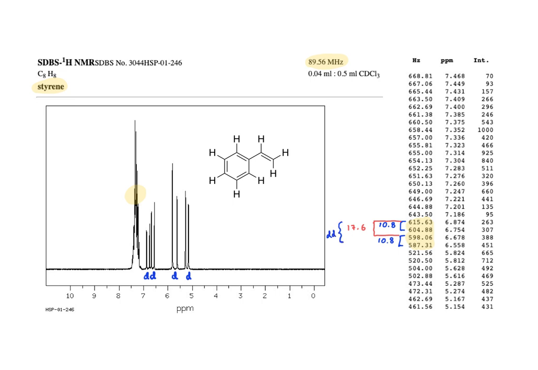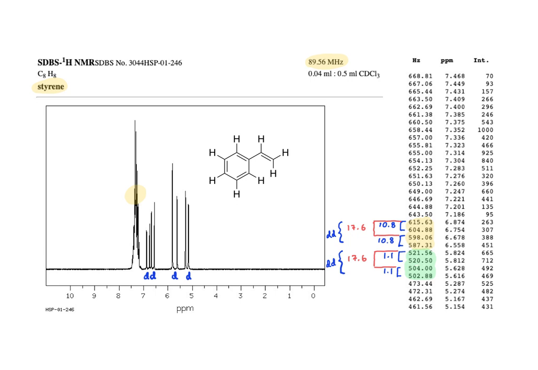For the next apparent doublet, around 5.7 parts per million, we see it's more complex. There's actually a small doublet of about 1.1 hertz that is then separated from another 1.1 hertz doublet by 17.6 hertz. So the resonance around 5.7 parts per million is also a doublet of doublets.